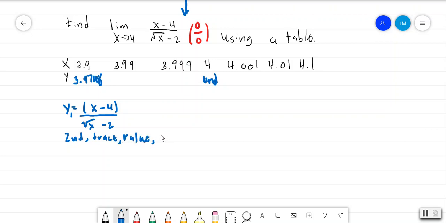From there, just enter the x that you're looking for. But make sure that the window is big enough so that it can see what's going on.